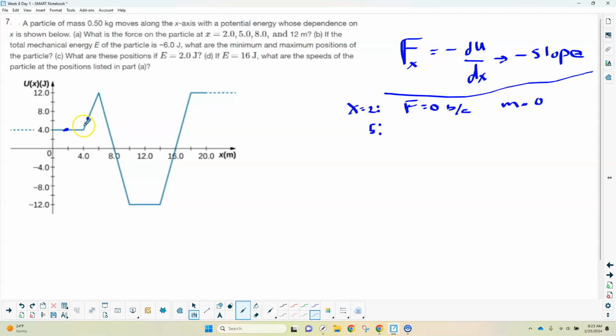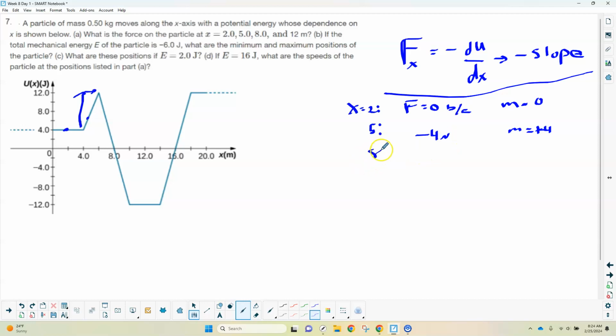So the slope of that line, if we figure it out, goes from 4 to 12, so that's plus 8, and it does it in, it looks like, 2. So the slope value is positive 4. So the negative of that would be negative 4 newtons for that force.